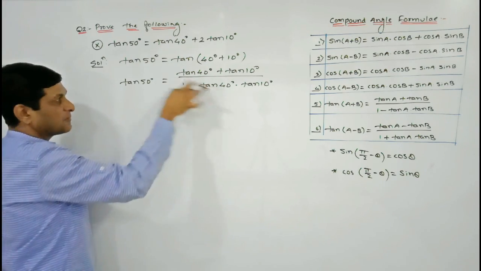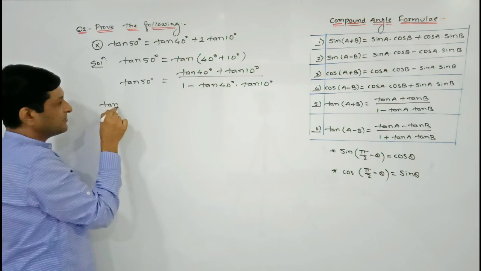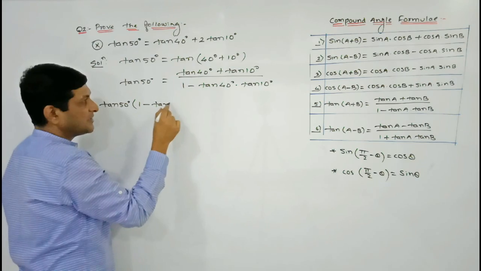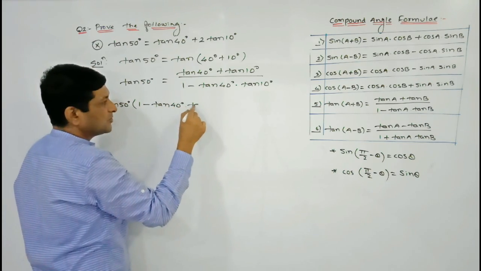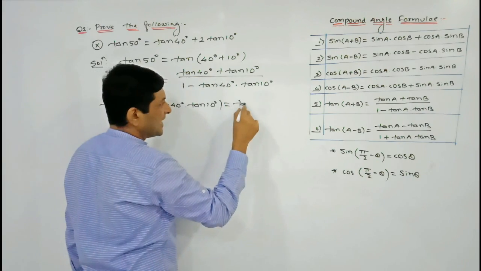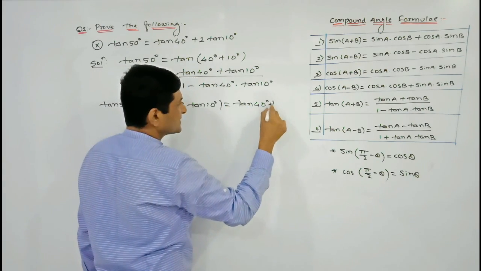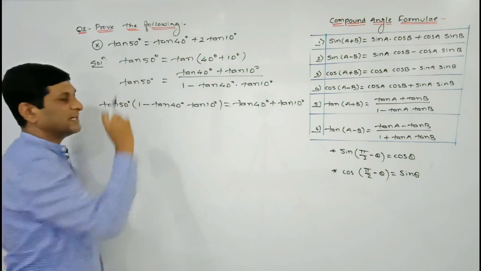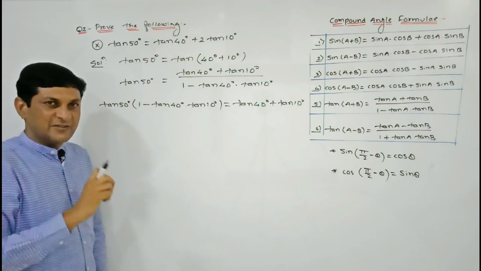This term will get multiplied on this side, so on this side we get tan 50 degrees into (1 minus tan 40 degrees into tan 10 degrees), and on the right hand side tan 40 degrees plus tan 10 degrees, keep it as it is. This term is divided on this side, so it gets multiplied with tan 50 degrees.